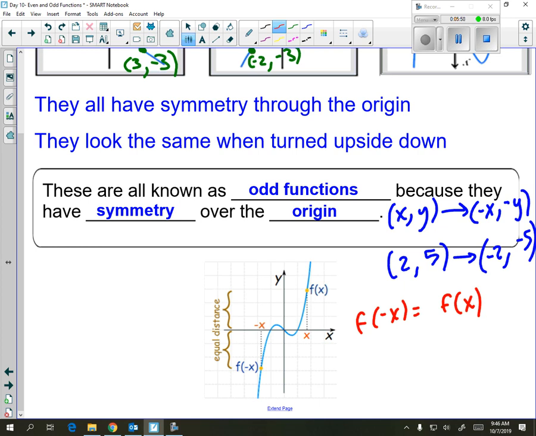The only difference is that instead of being down here, we're now up here. So the y values are opposites. So the y value down below is negative of the y value up top. F of negative x is equal to negative f of x.